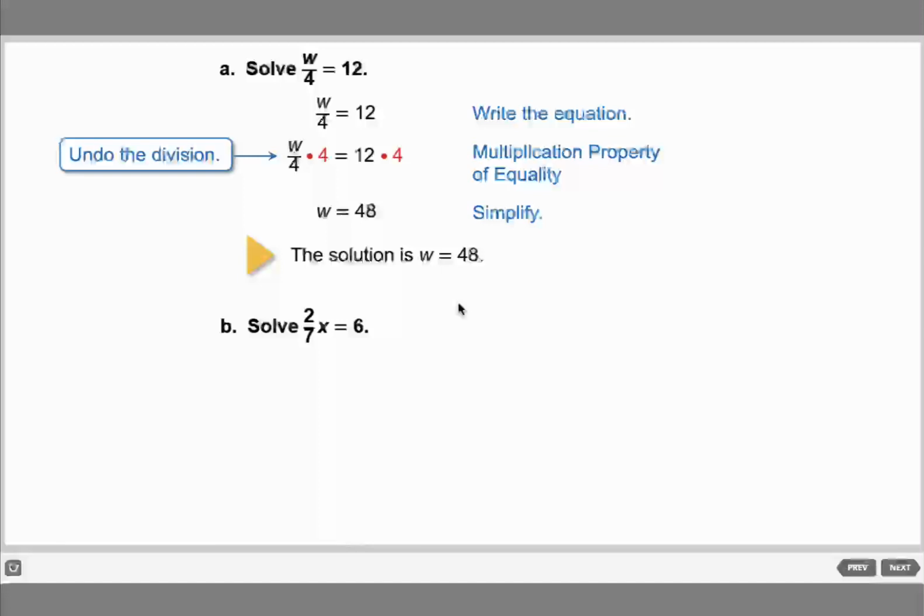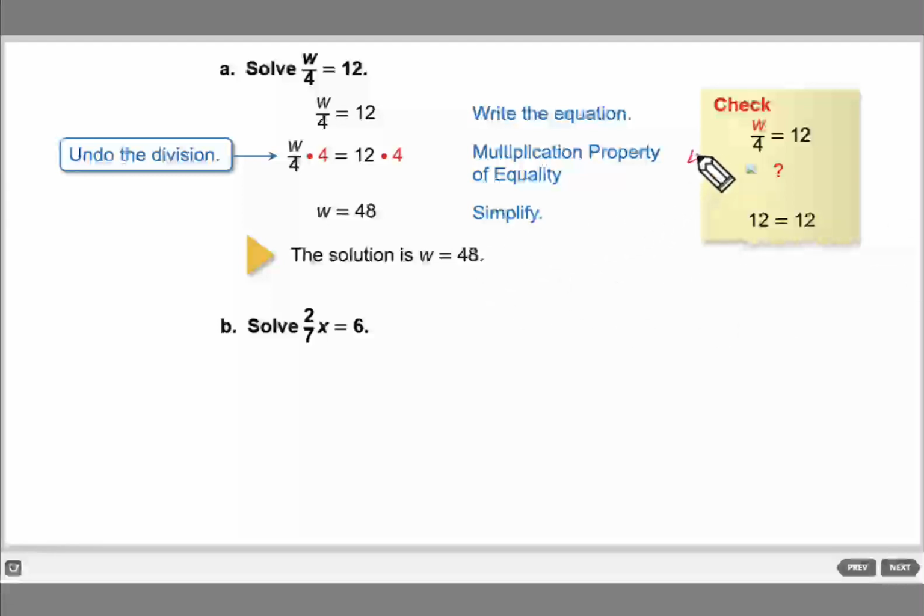Okay, now let's check the answer. How to check it? Remember? Substitute 48 for W. So it's W over 4 equals 12. Let's substitute 48 for the W. Something is missing here, I should write it.